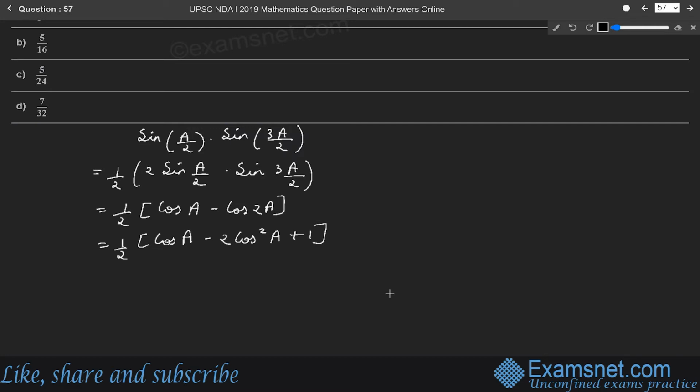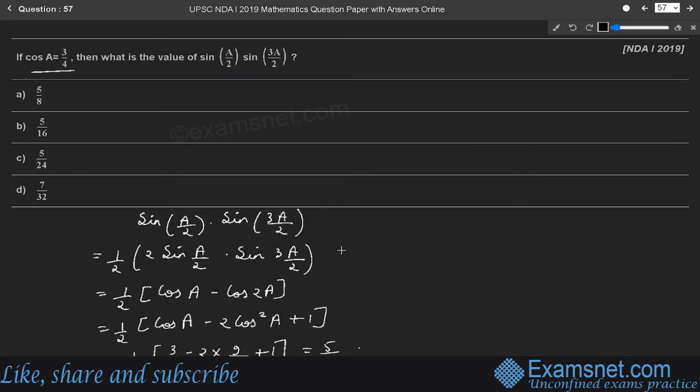What we are doing is we are just substituting the values here. It will be equal to 1 by 2 into 3 by 4 minus 2 into 9 by 16 plus 1, which is equal to 5 upon 16. So this is the value of the given trigonometric expression. So the correct option is option number B, 5 upon 16.